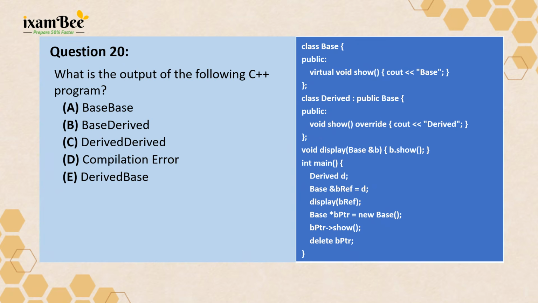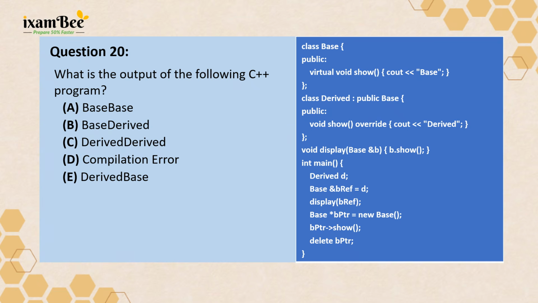Now in this question, you have to predict what would be the output of the following C++ program. Just go through the program. It's an inheritance-based program where you have a class base and a derived class, and then in the main function, you're creating a derived object and also a base reference which is equal to D. And then it is calling the display function with bref as the argument.